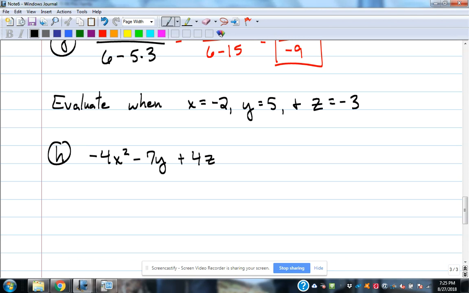So all I'm going to do is take those numbers, plug them in the place of those letters. We have -4. And when I plug them in, I always put them in parentheses. That usually helps me remember to put the sign with them. So -4 times (-2) squared minus 7 times 5 plus 4 times -3.